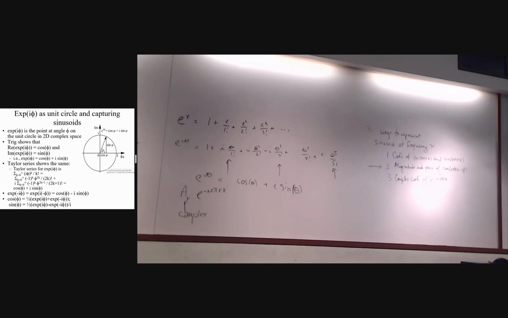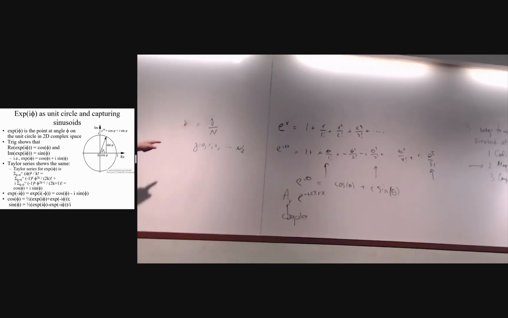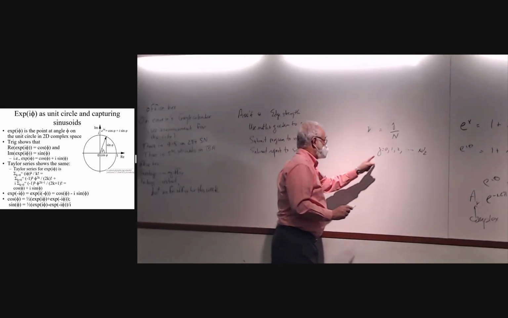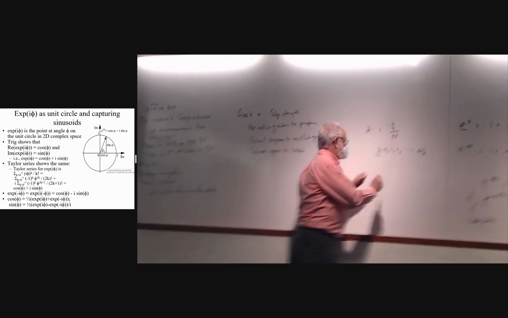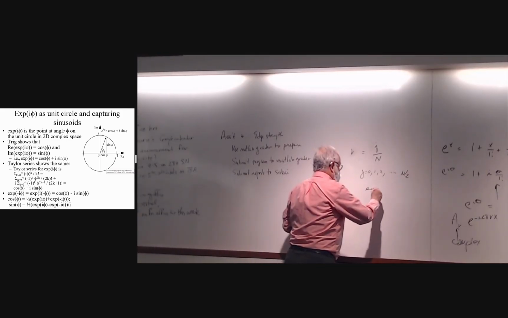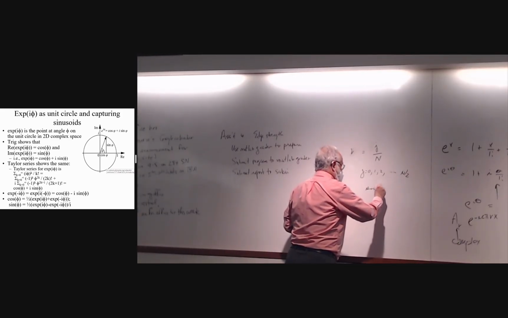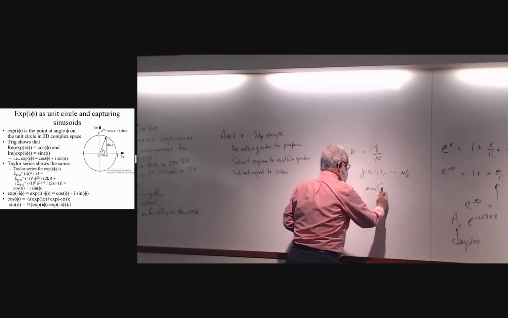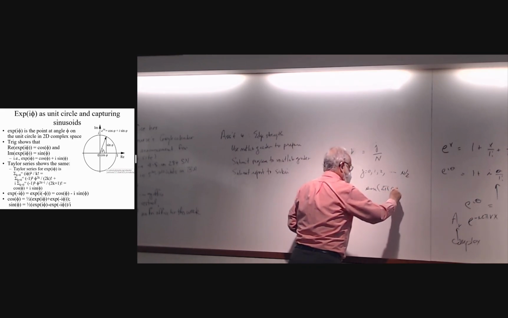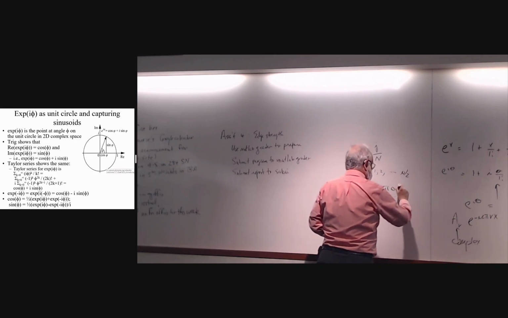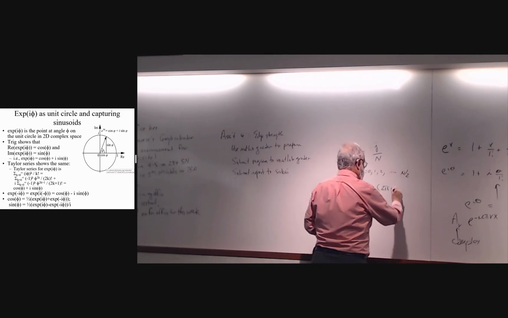Let's be a little bit careful. First of all, if you had j equals 0, 1, and 2, what is sine of 2 pi 0 x?